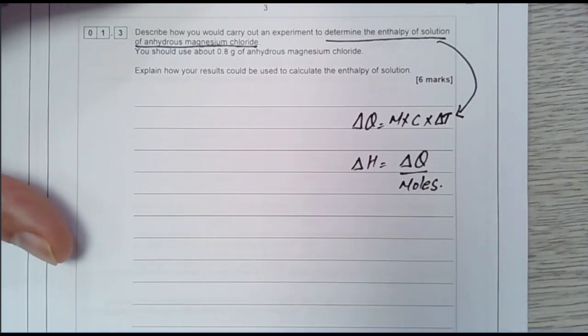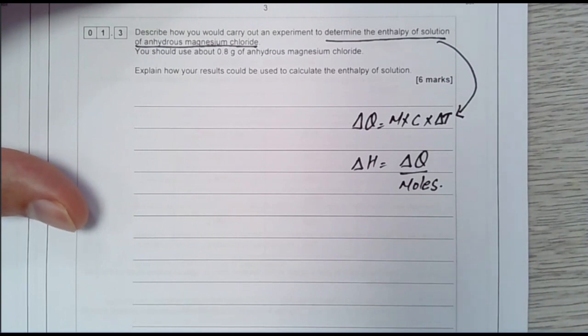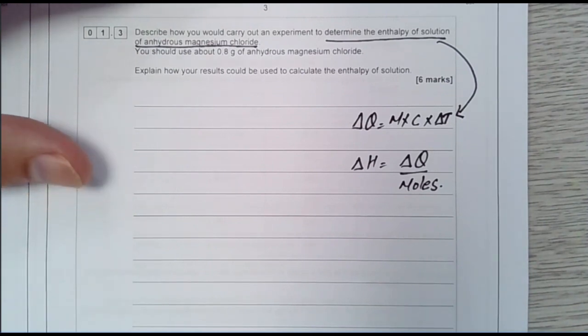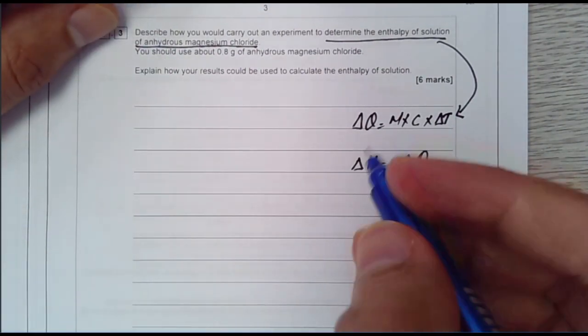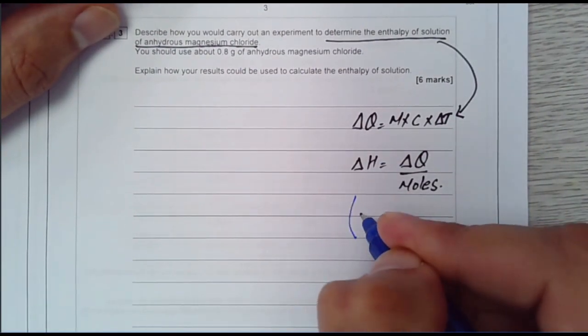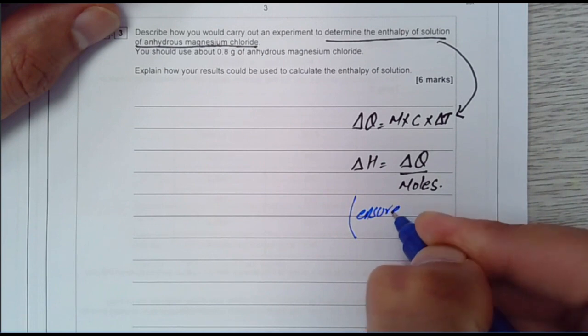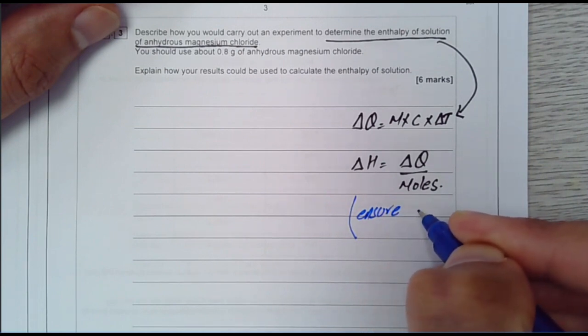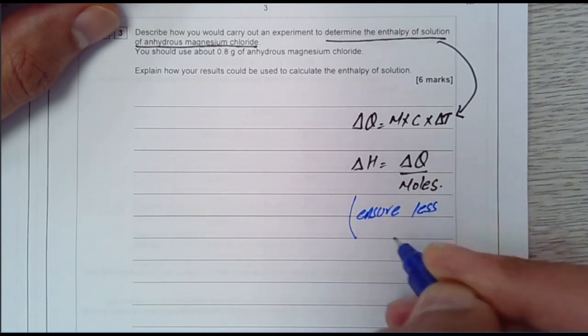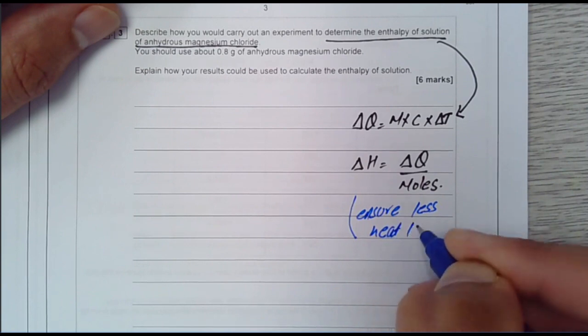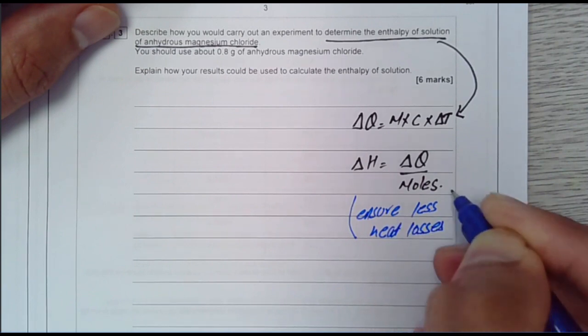Are we happy with that bit? Now, if you remember this bit, then the rest is all easy. What are the measurements that we have to make? And we have to ensure less heat losses in the experiment.